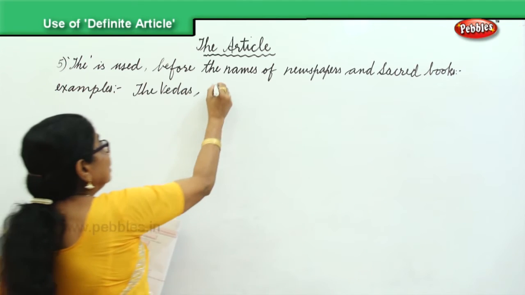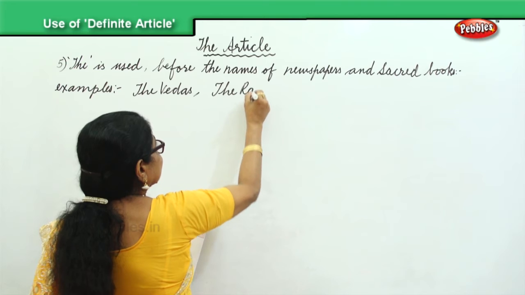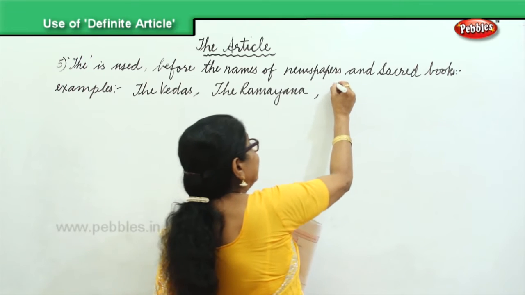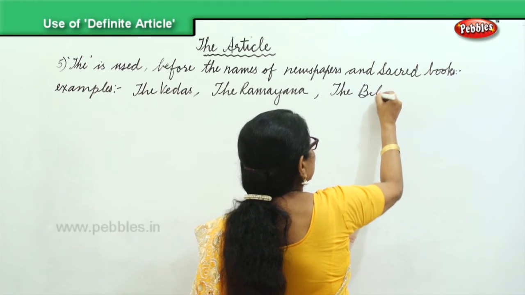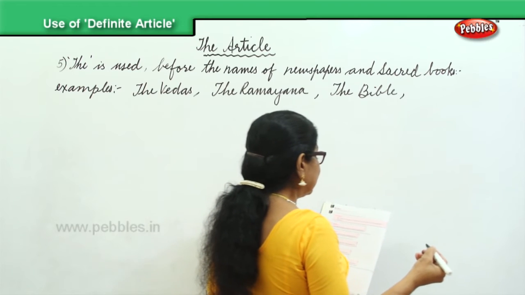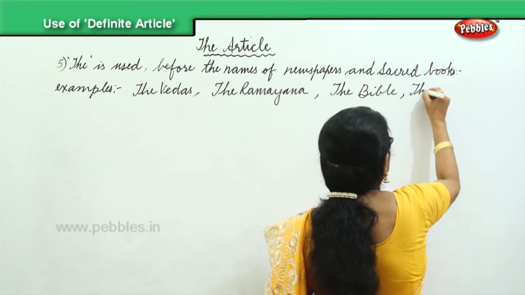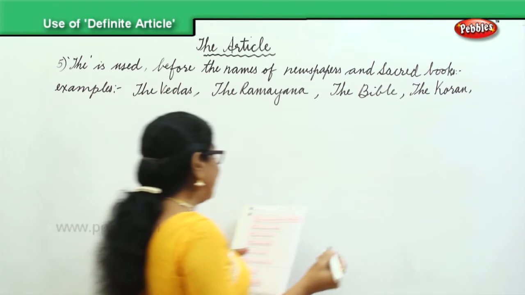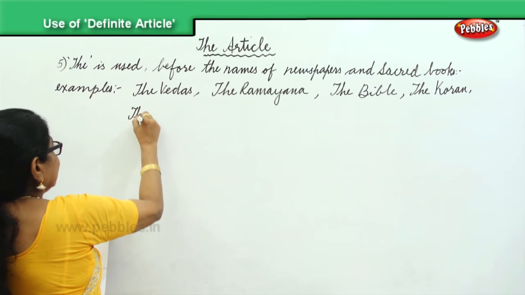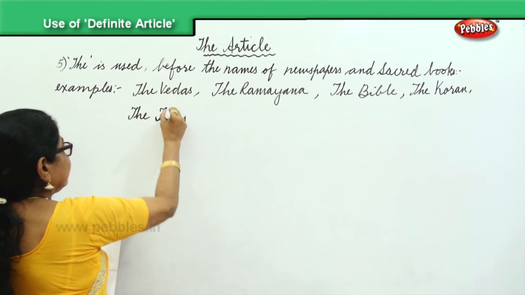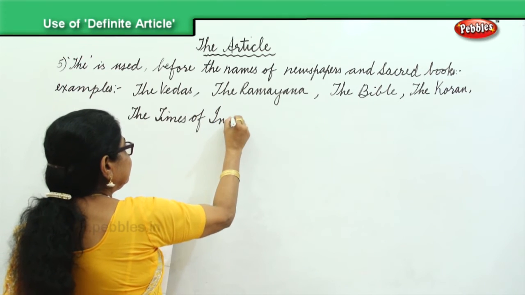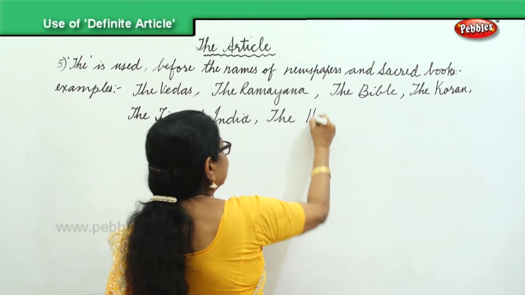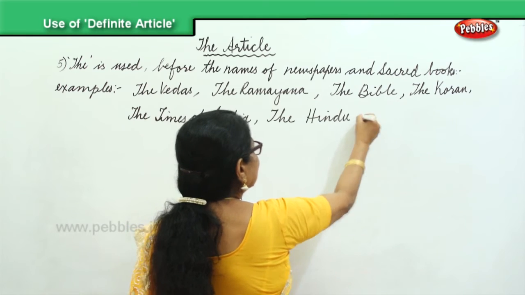You will say the Vedas, the Ramayana, the Bible, then you will say the Quran, then for the newspaper you will say the Times of India, the Hindu, the Hindu paper. You saw?